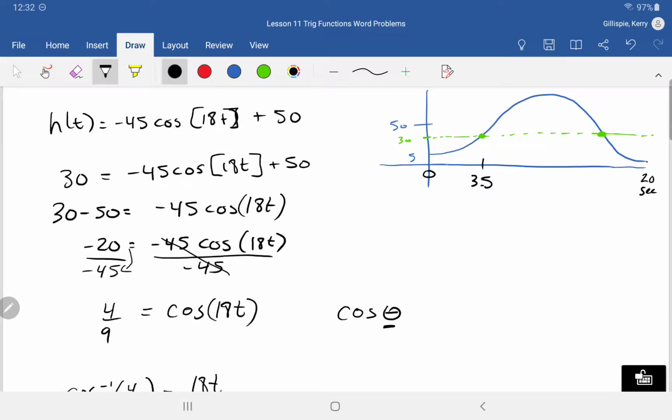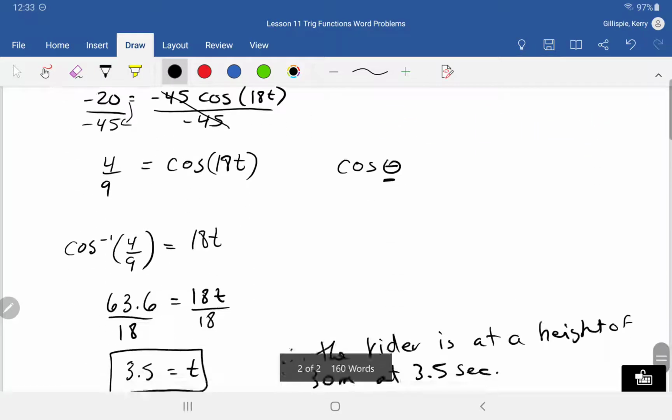So if it took 3.5 seconds to get to that height of 30, then it's also going to be at a height of 30, 3.5 seconds before 20. So what we have to do is minus 3.5 seconds off of 20 and get back to where this was, which would be 16.5 seconds.